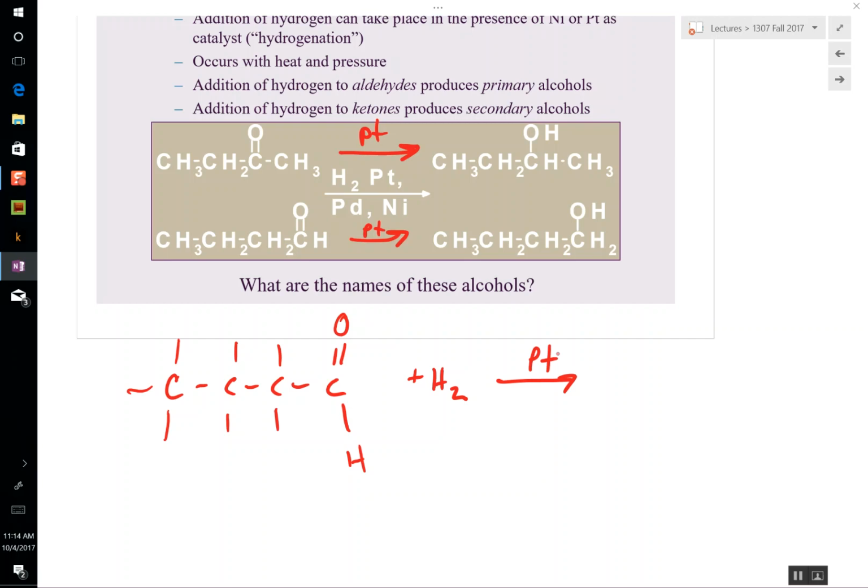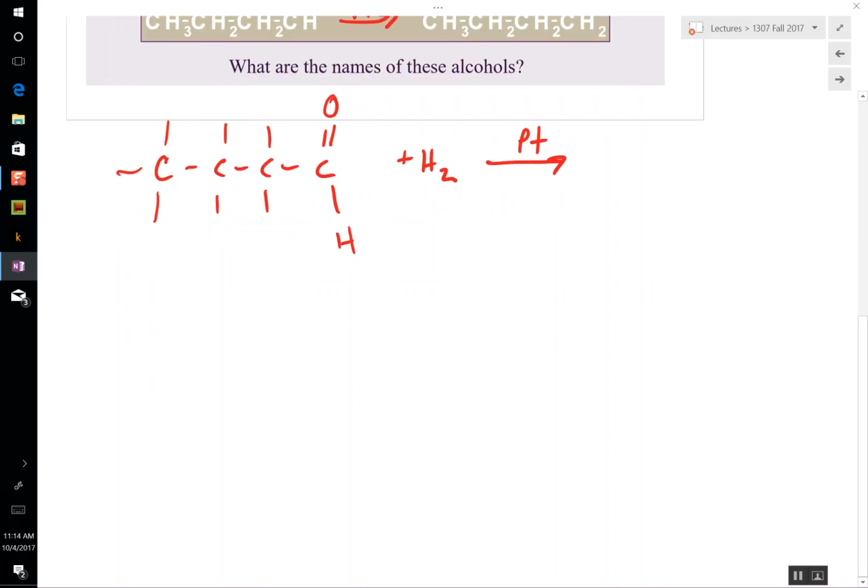And just keep in mind, this hydrogen is going to bind to that oxygen, this hydrogen is going to bind to that carbon. We're going to get rid of those 2 bonds, form 2 new bonds that way, and so we end up with an OH.